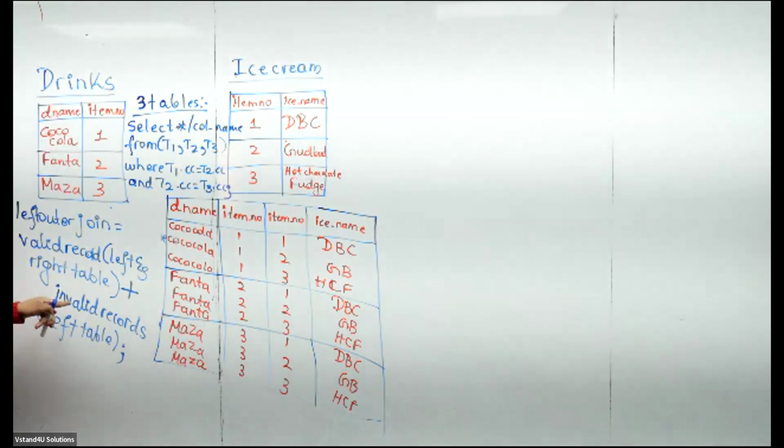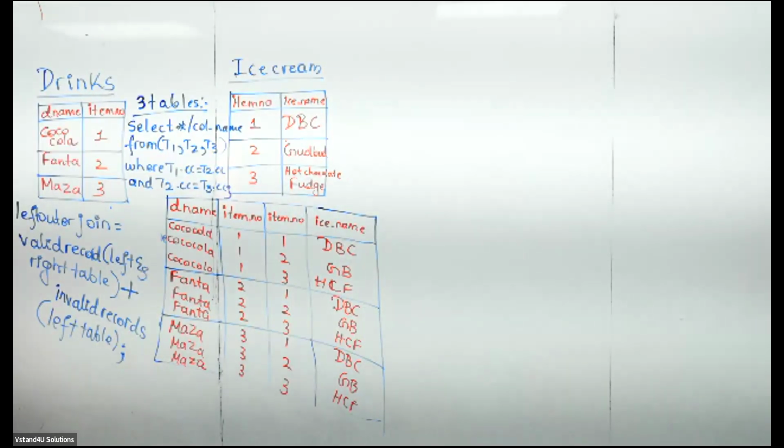Invalid records of the left table means whichever columns are not similar to the other table, those columns you will be mentioning.